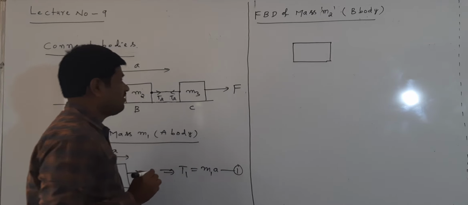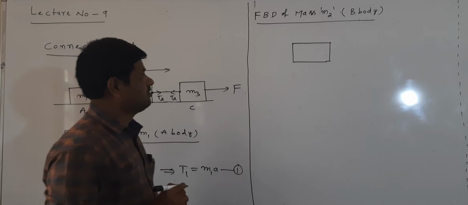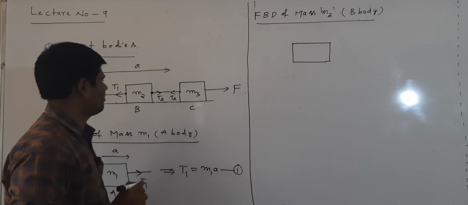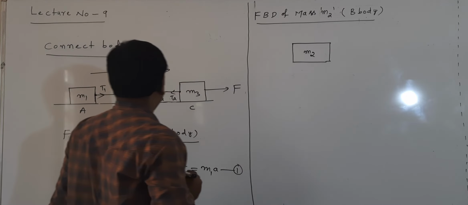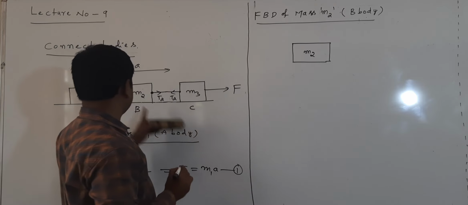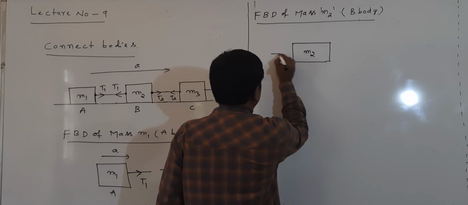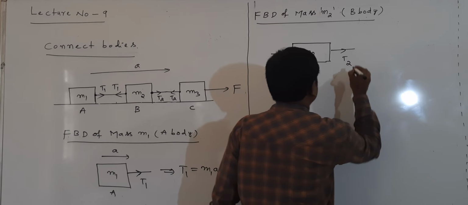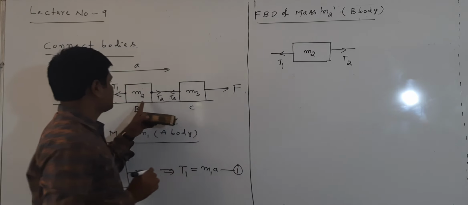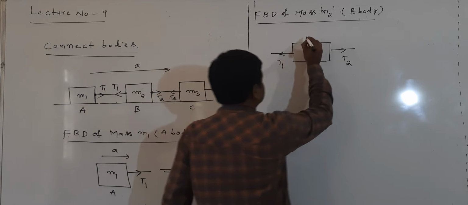Next to the B body, how do we write its free body diagram? This is M2. What forces are acting on M2? Here T1 is acting in this direction, and T2 is acting in this direction. Now next, this is the acceleration in this direction.